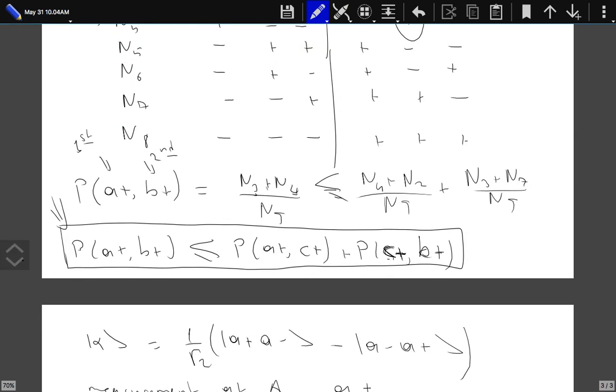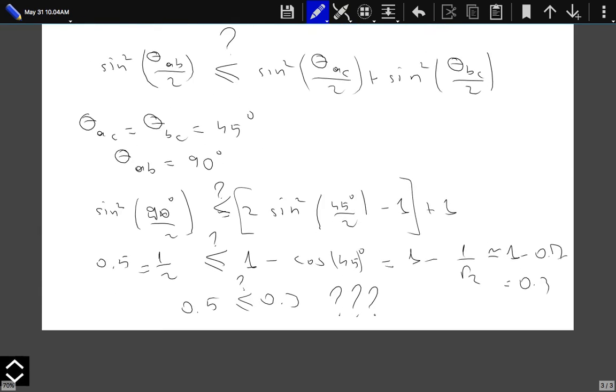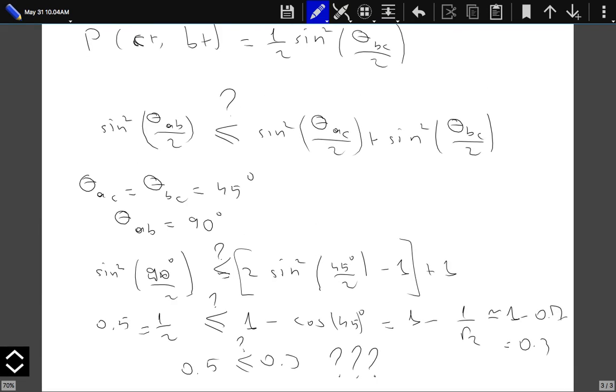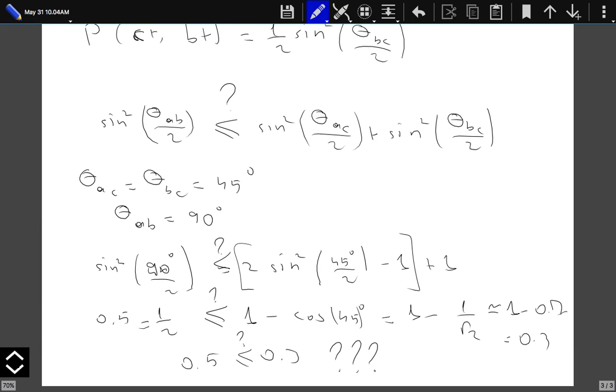It cannot be violated in a theory which determines the outcome of the experiments beforehand. But in quantum mechanics, it is. This is something you can measure and determine whether the inequality holds or not. And it turns out that these Bell's inequalities are not satisfied in actual experiments.